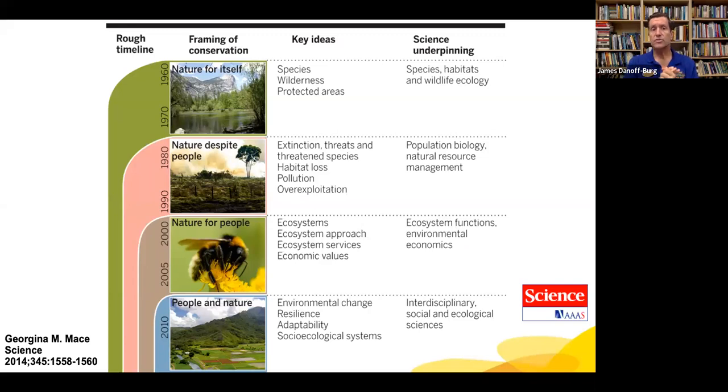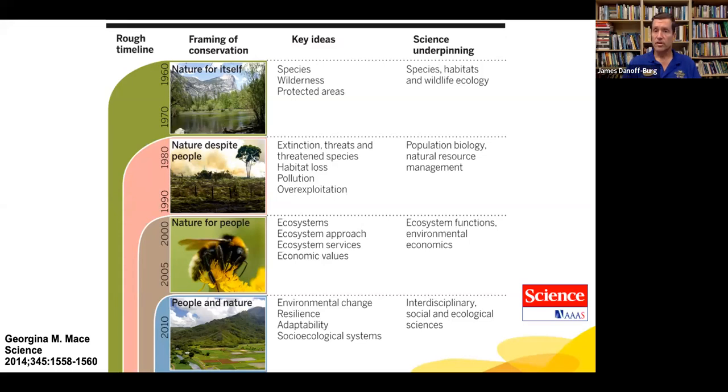Next, in the early 2000s, we started thinking about nature benefiting people, and that this being a reason that nature should be conserved. And again, the nature despite people, the threats still continue to this day. Same with the preservation, the nature for itself. Nature for people is focused on how people benefit from healthy ecosystems, right?